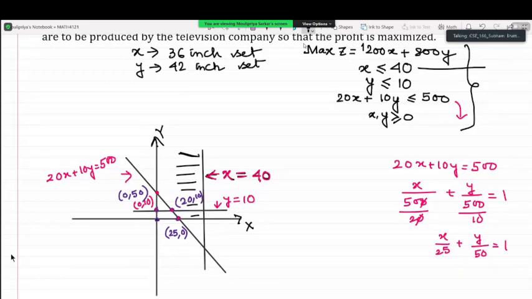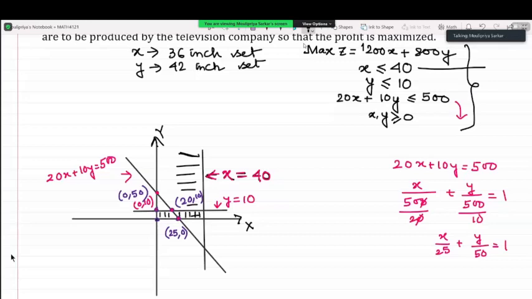Between 0 and 10, the lower region. Correct. What would the region be that is defined by 20x plus 10y less than or equal to 500? The triangle.